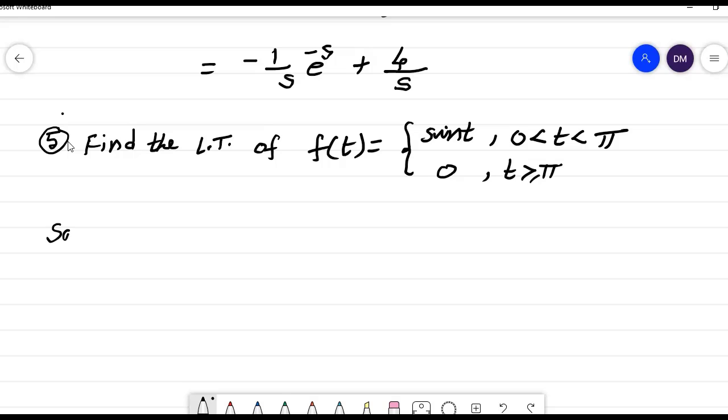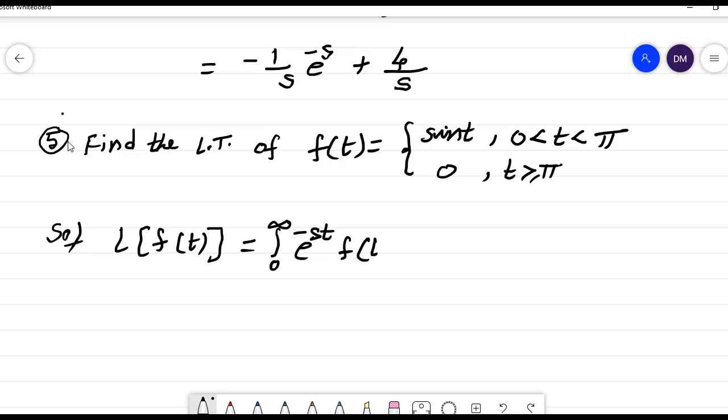So what is the definition of Laplace transform? L of f of t is equal to the integral from 0 to infinity of e power minus st f of t dt. Now see, the range here is 0 to infinity. According to the given problem, we have to split this into 0 to pi and pi to infinity.